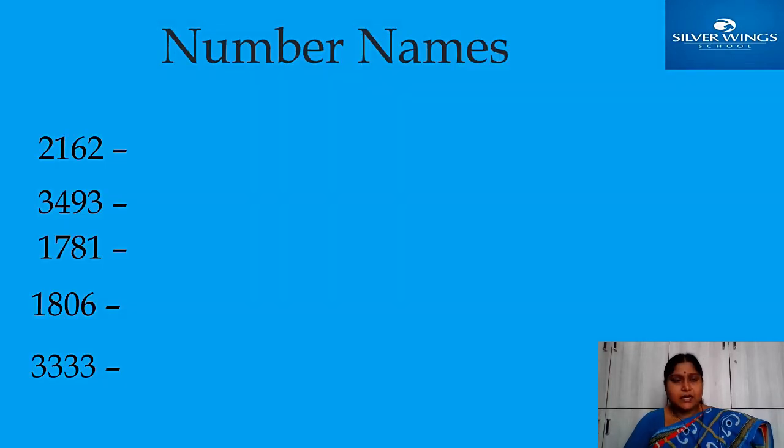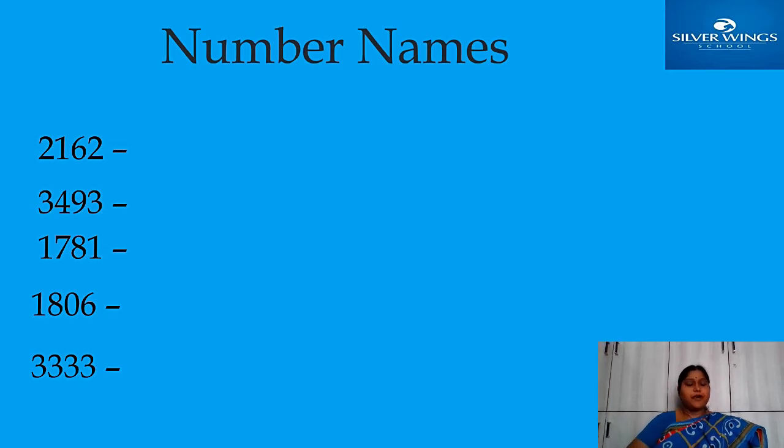Now here see children, number names. I give you 5 numbers. All are 4-digit numbers only. See the first number, 2162. Here 2 is in ones place, 6 is in tens place, 1 is in hundreds place, and once again 2 is repeated, but here 2 is in thousands place.